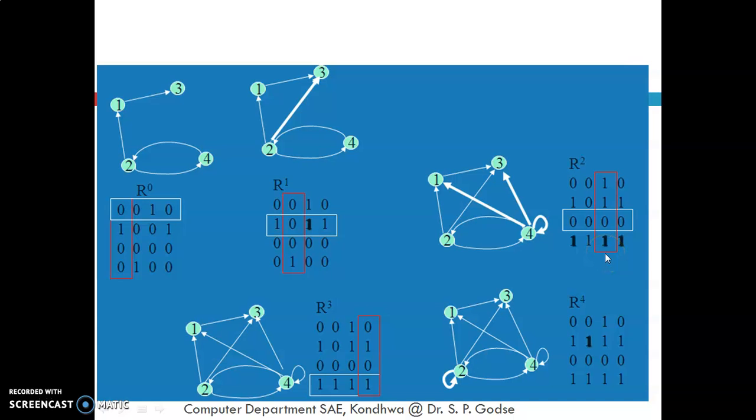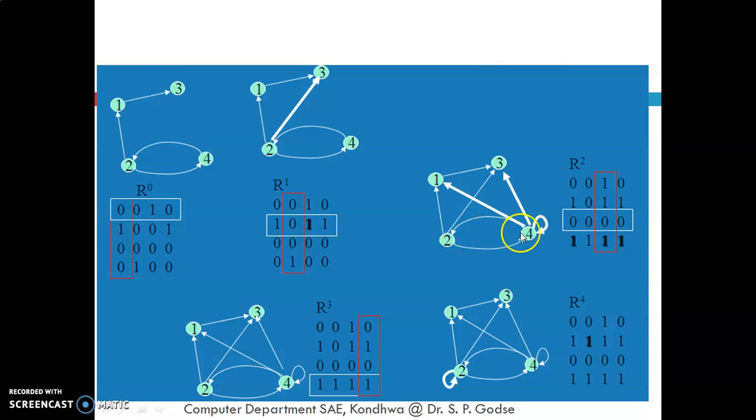So here we can see that 2 will be taken as a middle node. As it is taken as a middle node, we will check incoming and outgoing edges of 2. In this case, incoming edge is 4 to 2 and outgoing edge is 2 to 1, and because of these 2 edges, 4 is related with 2, 2 is related with 1, therefore 4 should be related with 1. This edge is added. Then 4 is related with 2 and 2 is related with 4.